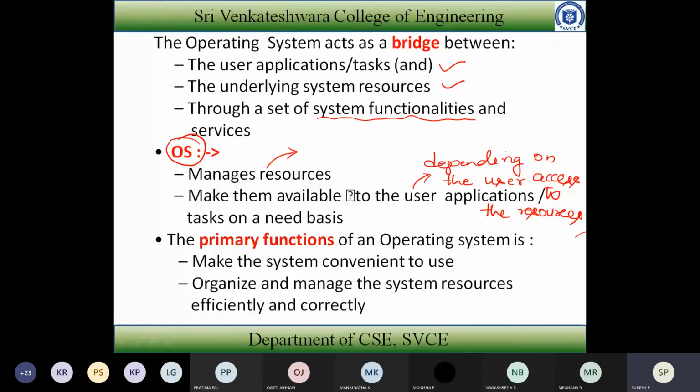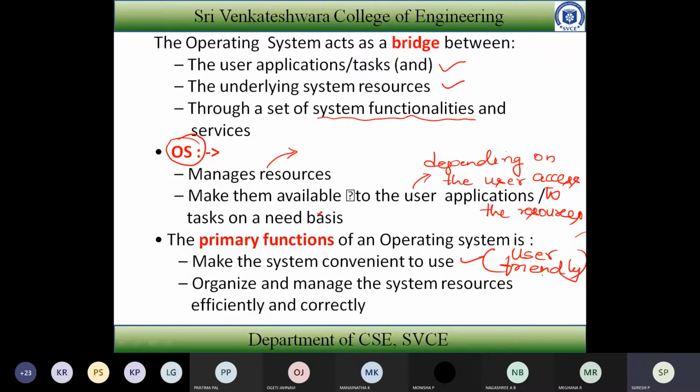The system should be user friendly, which is why it is called system convenient. That means whatever resource or application I have to access, it should be accessed freely and handily.